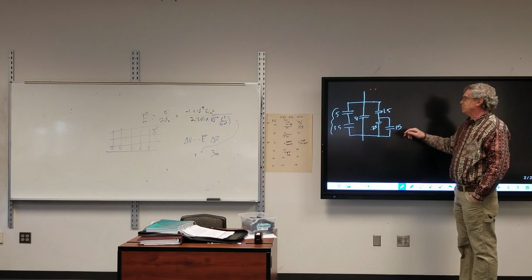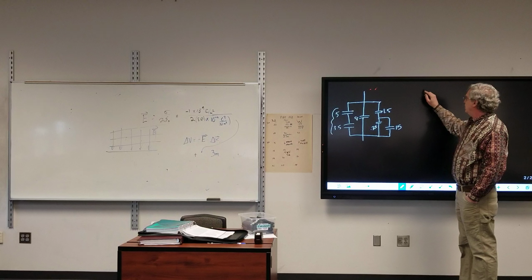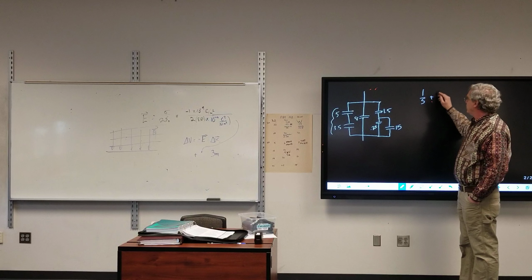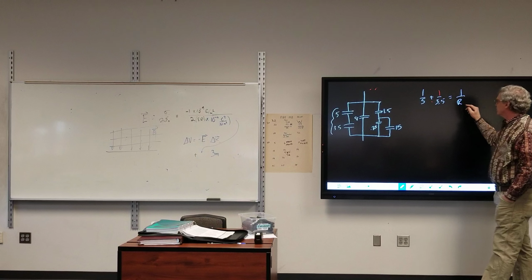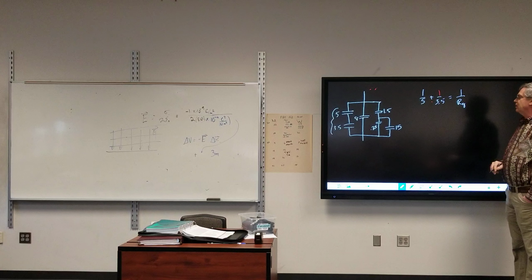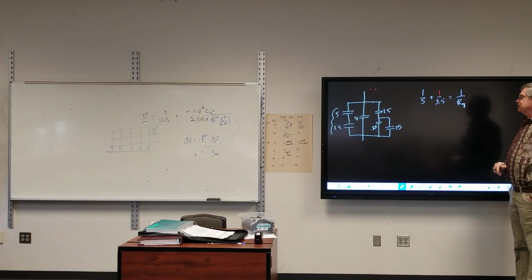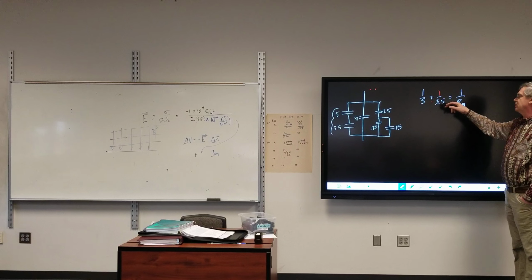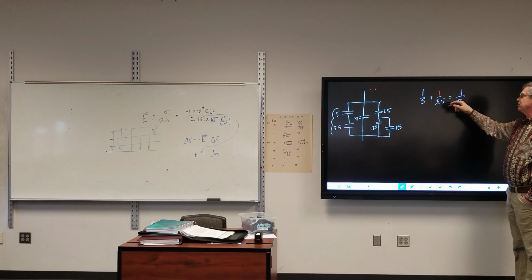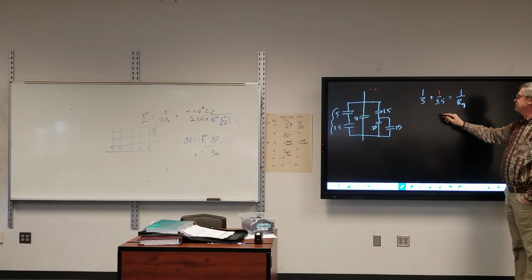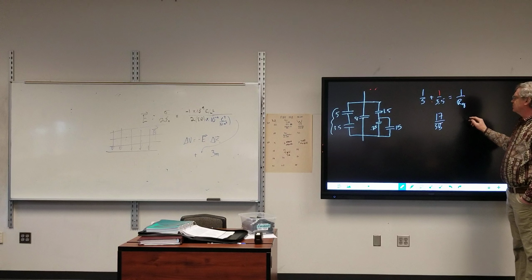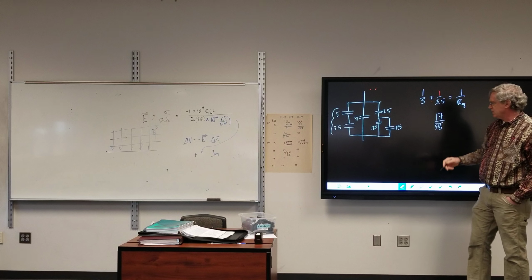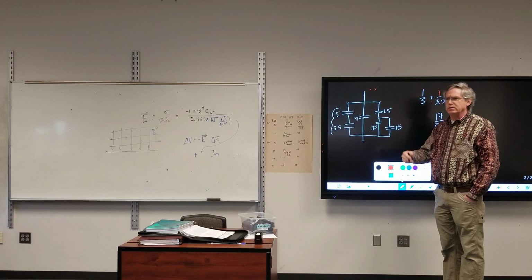So 1/5 plus 1/3.5 is 1 over the equivalent capacitance. That's 2/7, 35, so 10, 7, 17 35ths. So my equivalent would be 35/17, unless I made a careless error.